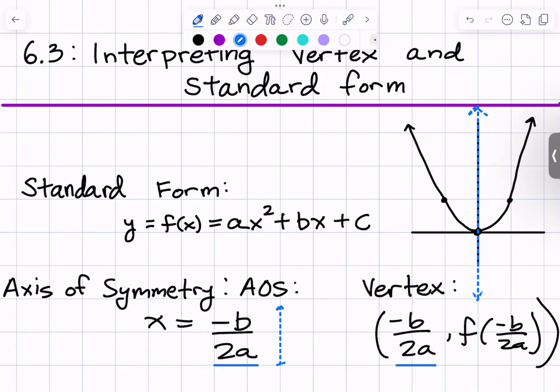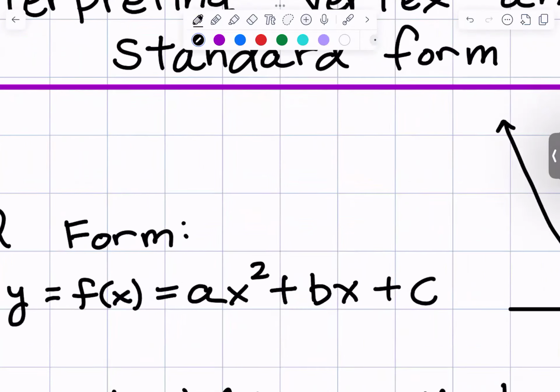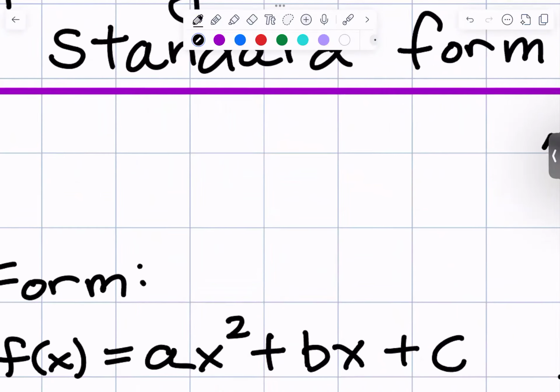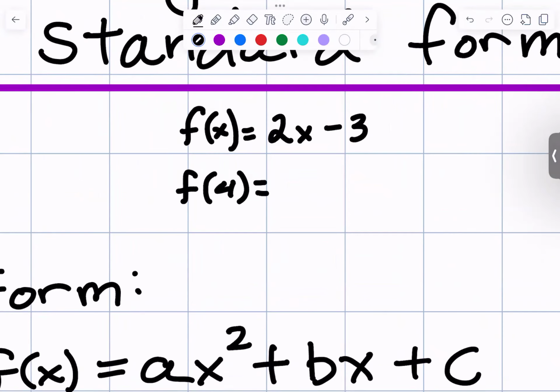To answer that question, let's talk about this form, f of x equals, I don't know, 2x minus 3. And I want to find f of 4. How would I find f of 4?